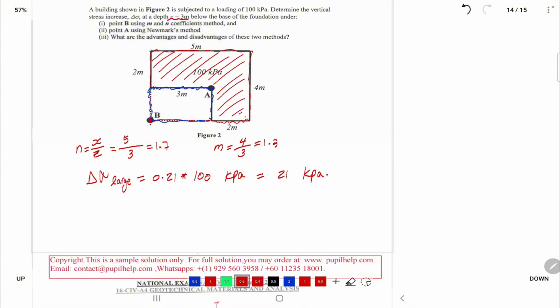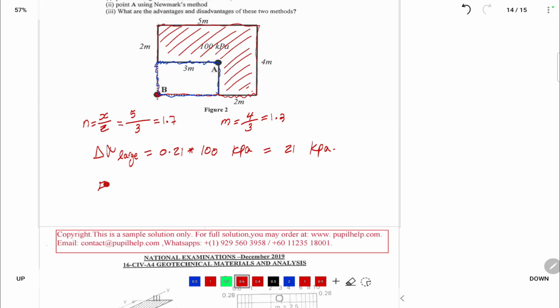So for the small rectangle, I also have N equals the length, 3 over 3, which is 1.